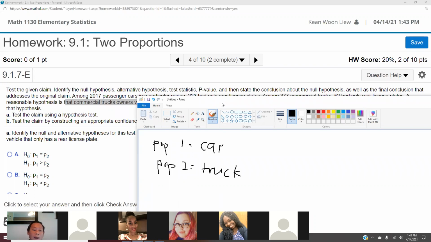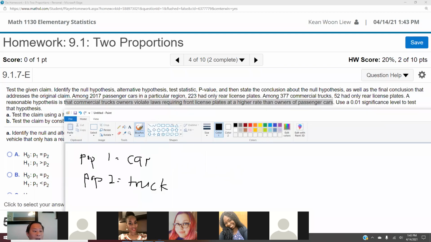And if you look at your hypothesis testing here, this is so tricky. What is your H0 and H1? So H0 is always P1 minus P2 equals 0, or you can say P1 equals P2, doesn't matter. This is the one, the H1. You want the truck owners to have a higher rate than cars. So how do you write this? Don't forget, P2 is truck, P1 is car.